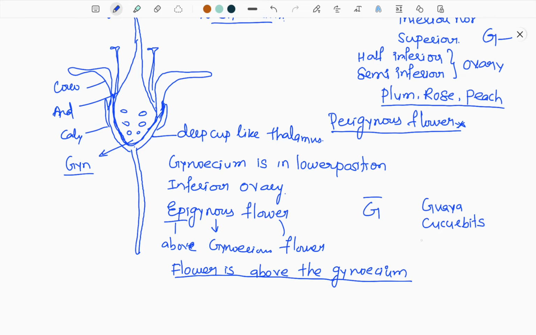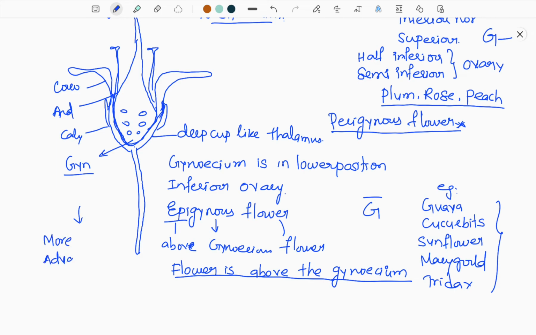Then Asteraceae members like sunflower and marigold, and Tridax procumbens, all these can be told as examples for epigynous flower.